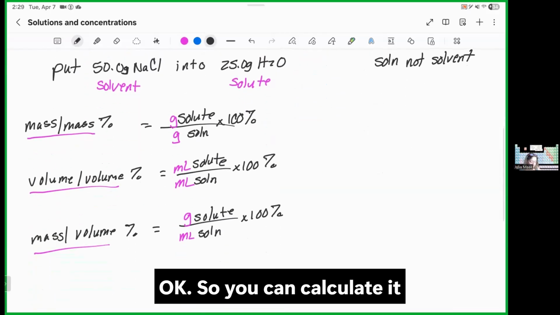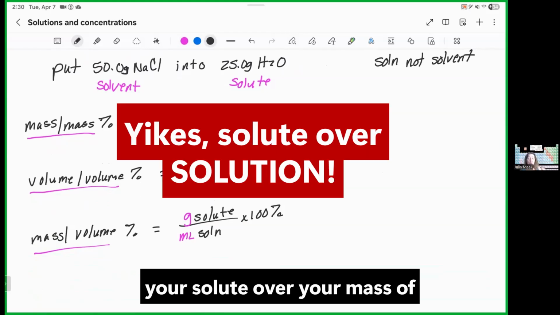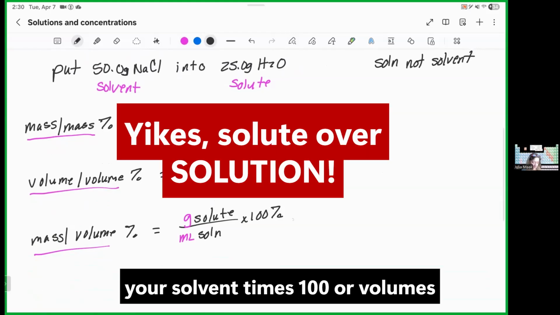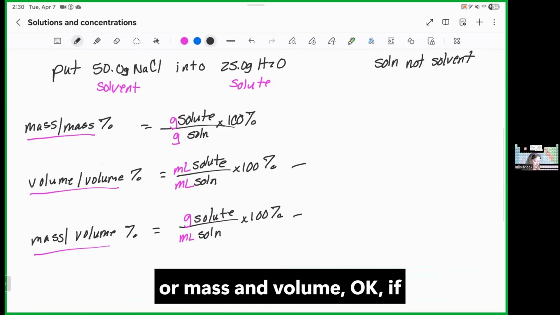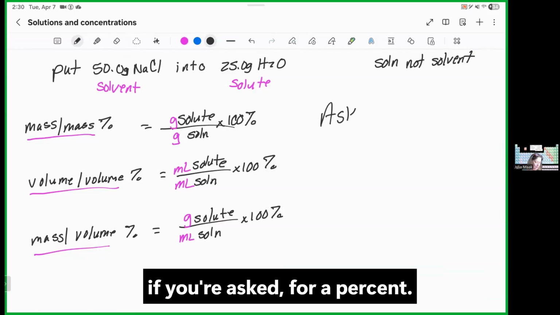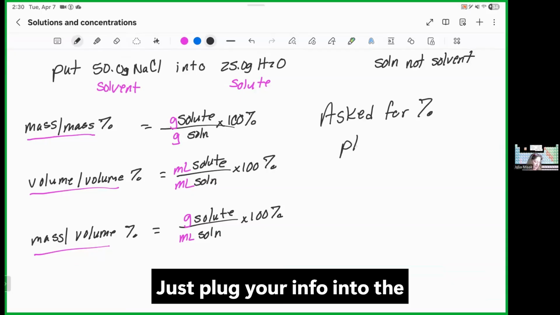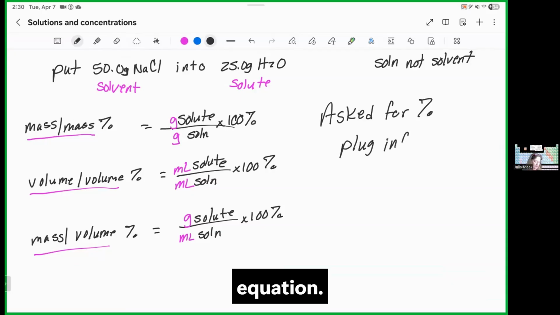Okay, so you can calculate it by putting your mass of your solute over your mass of your solution times 100, or volumes, or mass and volume. Okay, if you are asked for percent, just plug your info into the equation.